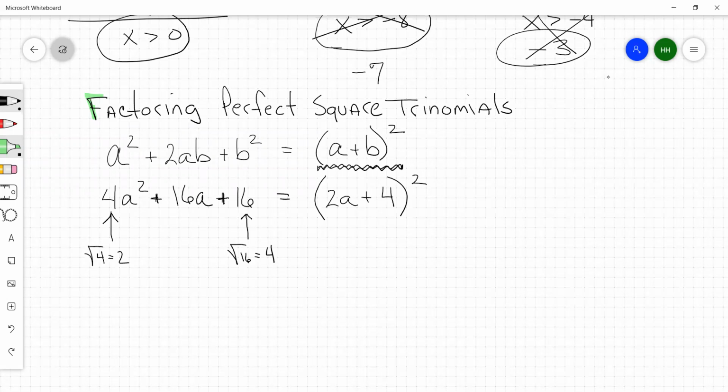So again, if the first term is a perfect square and the last term is a perfect square, then the square root of the first term goes here, with the corresponding variable, and the square root of the last term goes here.